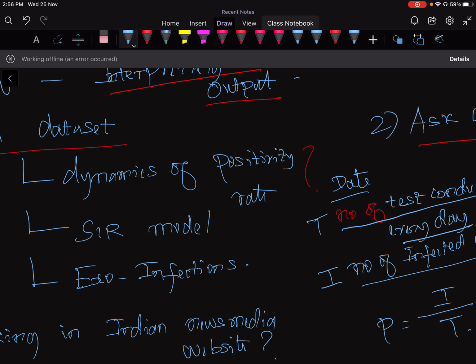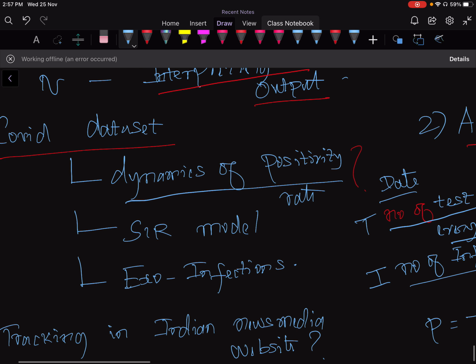What will be the positivity rate in December or in January? Whether it will go to zero, or maybe WHO also tells that the positivity rate has to come below 5. Then only you will be in a safer kind of environment, right? So when will it come below 5? That kind of prediction you can do. So that is one of the problems that you can look at.